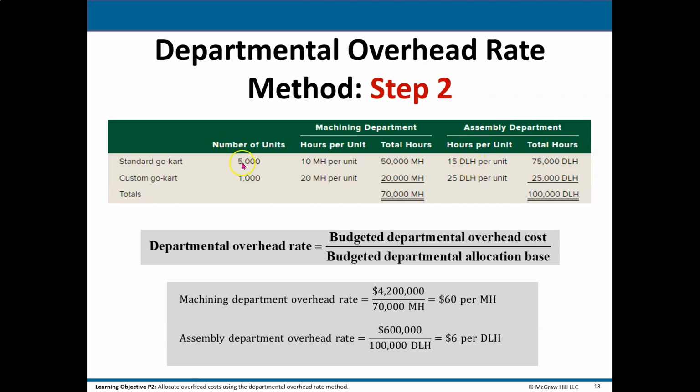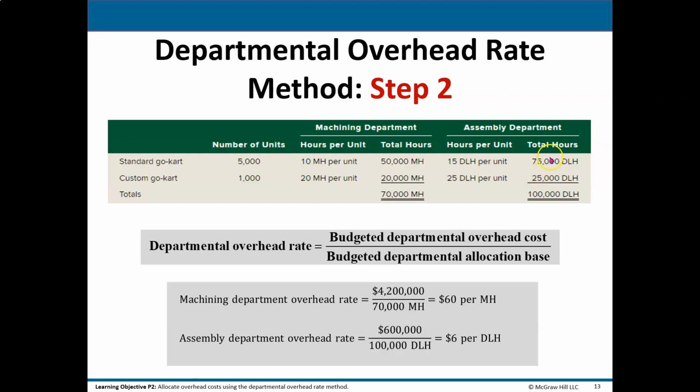In order to make 5,000 units, the assembly department is going to require 15 direct labor hours per unit. So 5,000 times 15 is 75,000 direct labor hours needed to make standard go-karts. And for custom go-karts, it requires 25 direct labor hours per go-kart. So to make those 1,000 custom go-karts, it's going to require 25,000 direct labor hours.